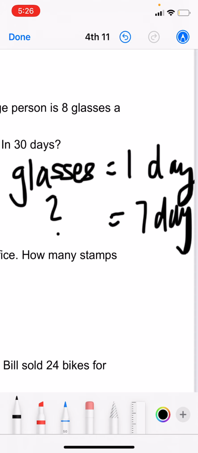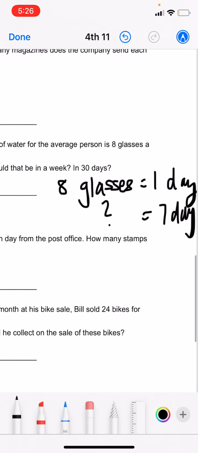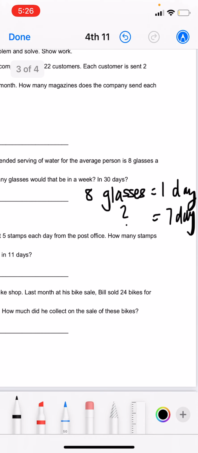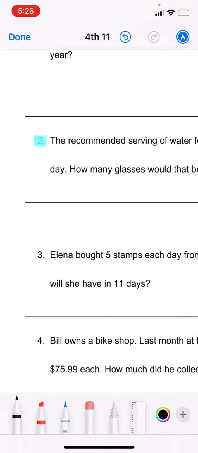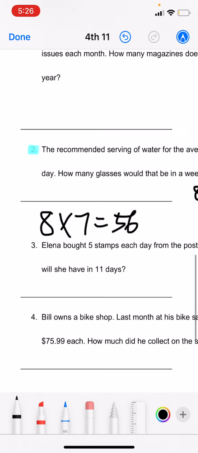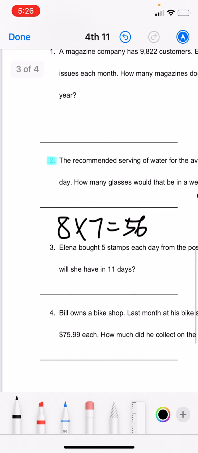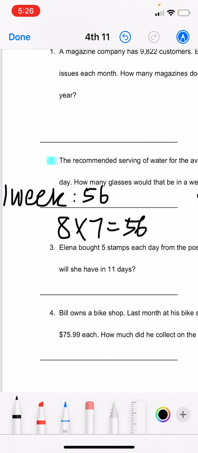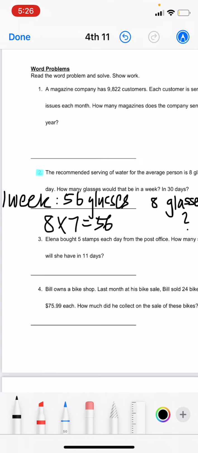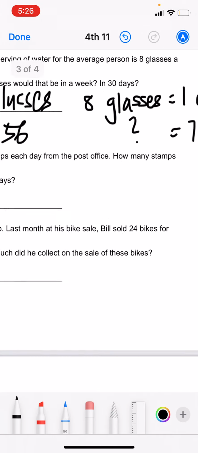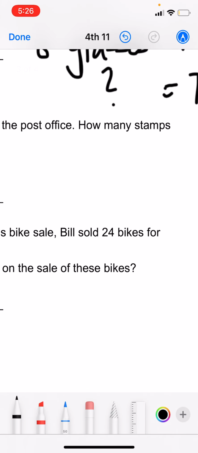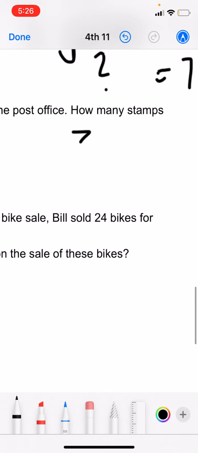So we're going to do 8 times 7 to get the number of glasses in 7 days. So 8 times 7 equals 56. So for 1 week, it would be 56 glasses. And I'm going to write it down here. In 30 days, it'll be 30 times 8.